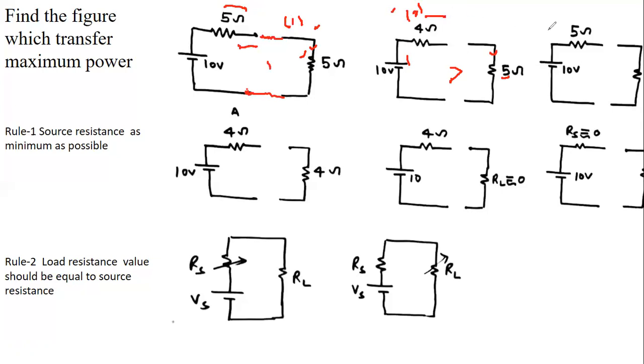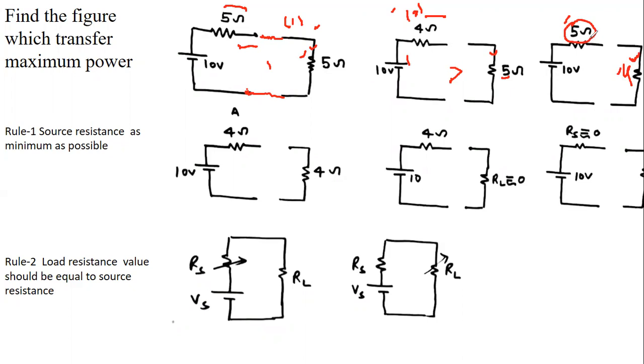In the third case, this resistance is 5 ohm, and now suppose we take the load resistance as 4 ohm. Which one consumes more power? No, because if you fix the source resistance at 5 ohm, the load consumes maximum power when its value becomes equal to 5 ohm.